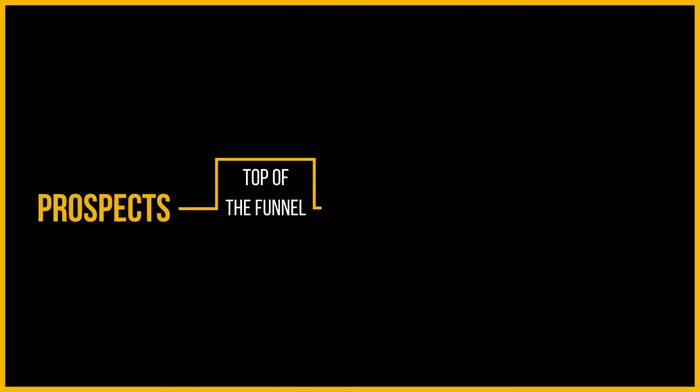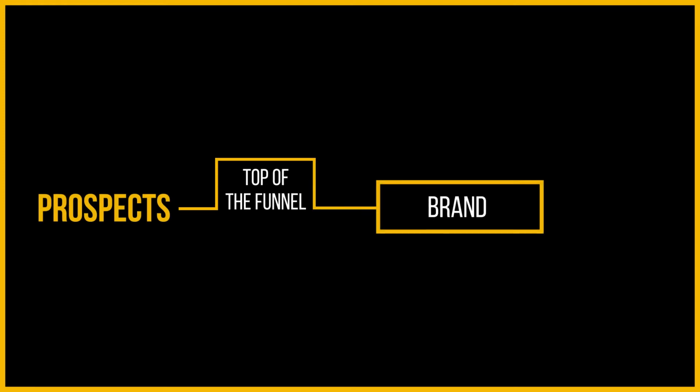In the second scenario, a prospect skips the top of the funnel stage and directly interacts with the brand and becomes a marketing qualified lead. This happens when a prospect is looking for a solution provider. For example, in our freelancer insurance example, the prospect could be typing in keywords like freelancer insurance company or freelancer insurance provider.